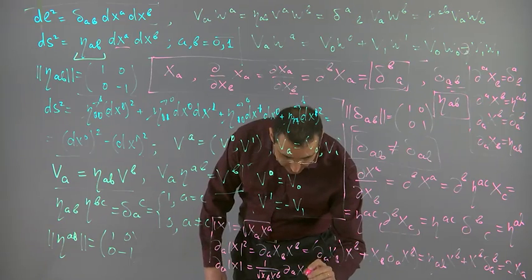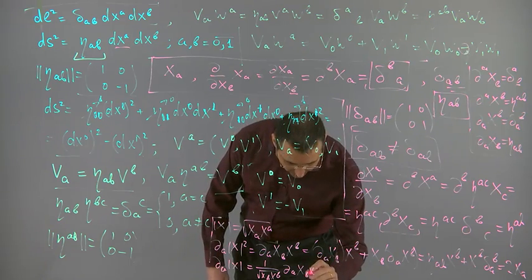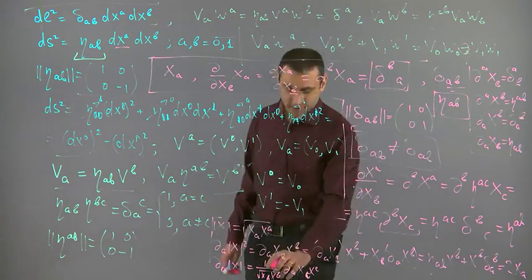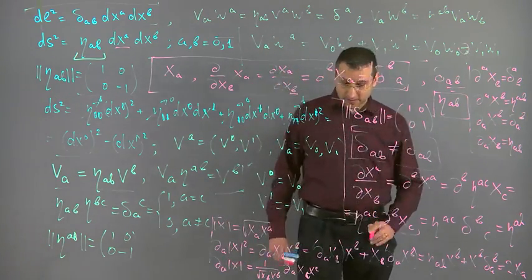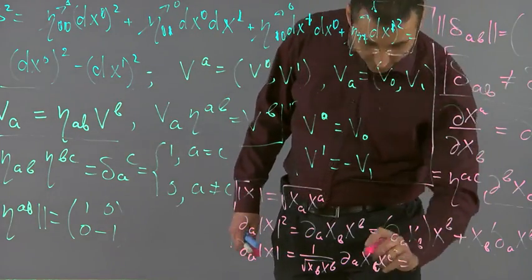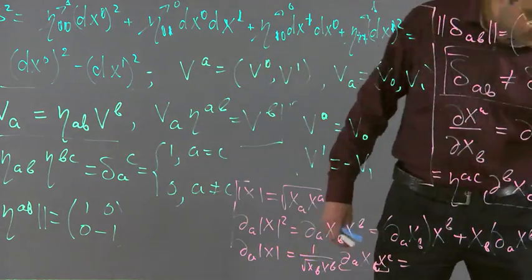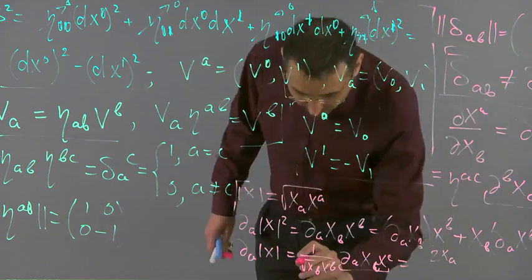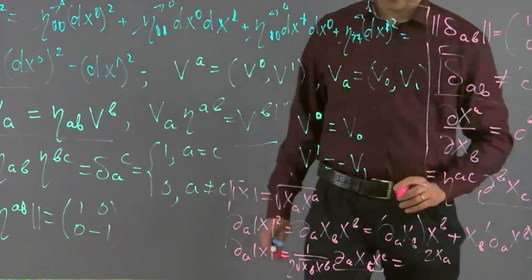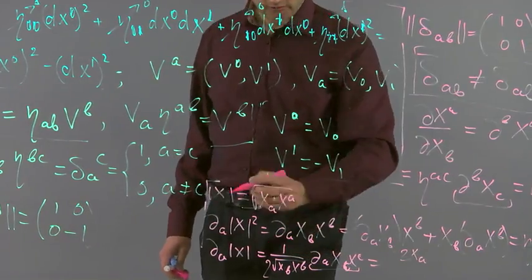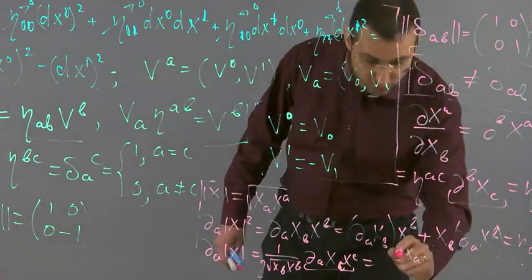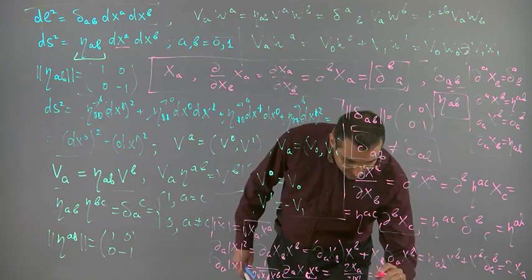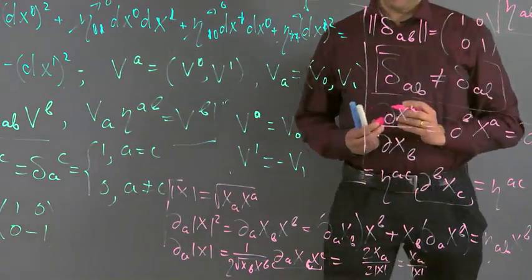Sorry, let me use a different letter so that there won't be more than 2 letters coincident. Now we already know what this guy is. This is just 2xa. Sorry, there was a 2 missing here, because when we differentiate the square root, it's 1 over 2 square root of. So 2 over 2 modulus of x. So this is xa divided by modulus of x.